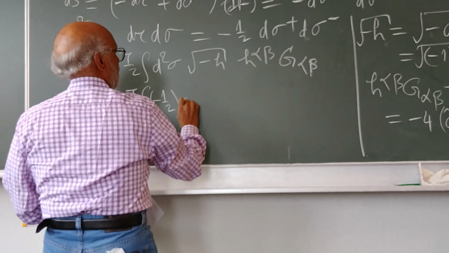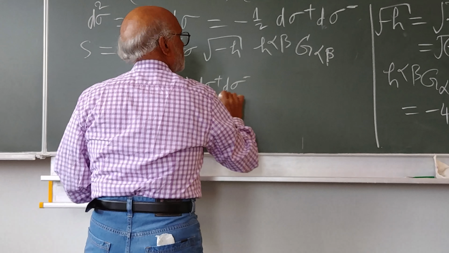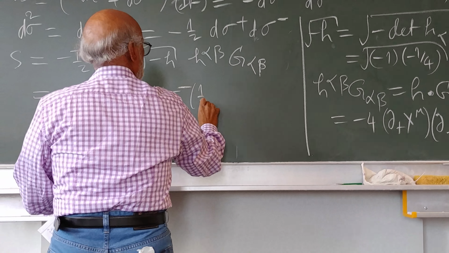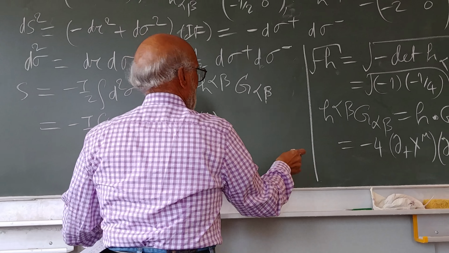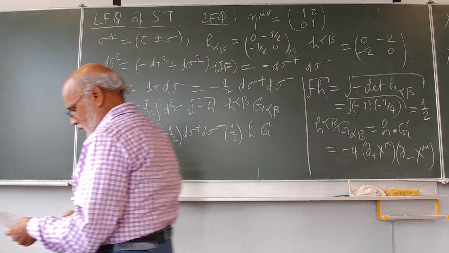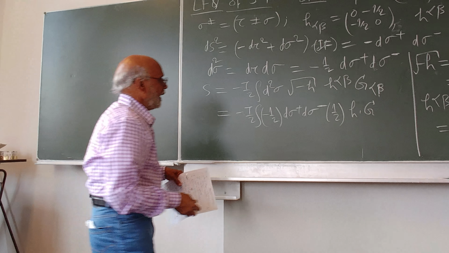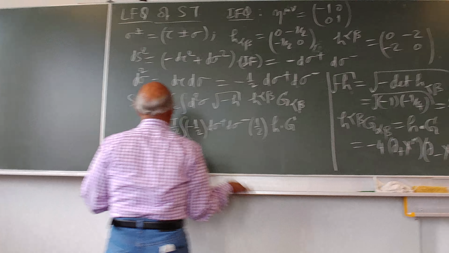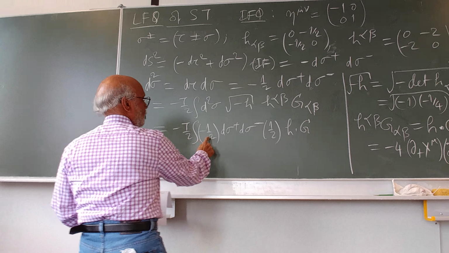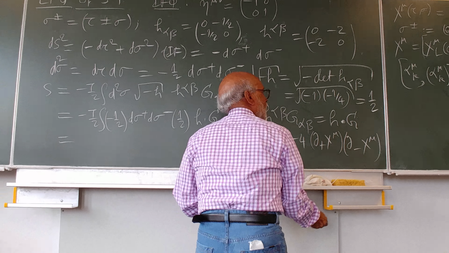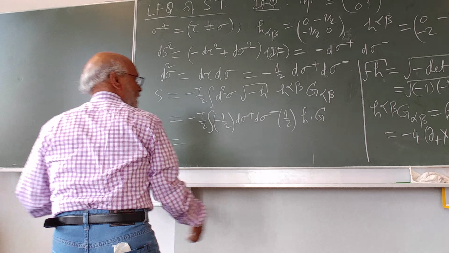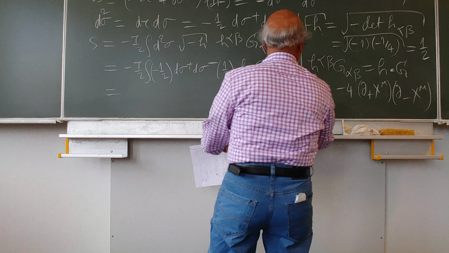This is minus 1/2 d sigma plus d sigma minus, then this square root gives me a factor of 1/2 times h dot g, for which we can substitute this value. h dot g I will calculate a little bit later, but let me just use this value here.